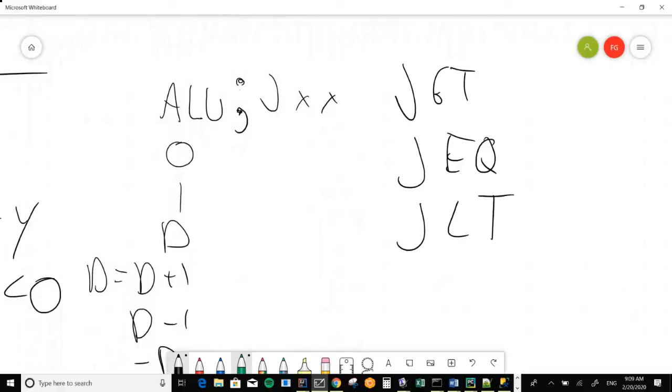So how do these relate back to everything else we're doing? JEQ happens when whatever you did in the ALU results in the ZR flag being a 1. By whatever you did in the ALU, I mean this part of the expression right here, the part before the semicolon. Okay.